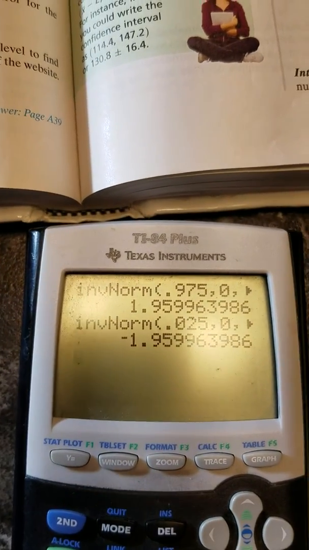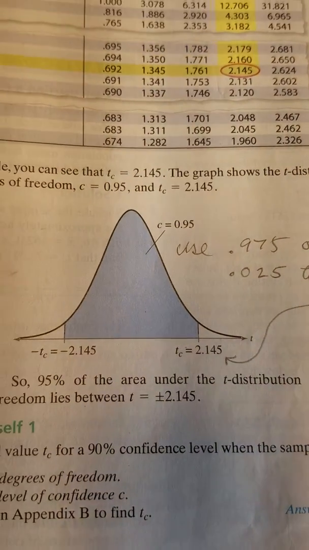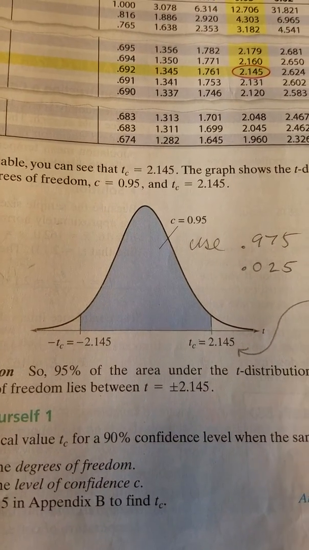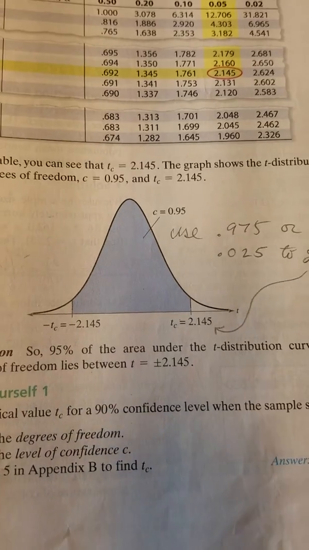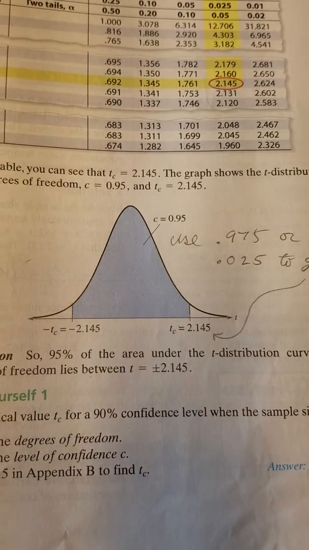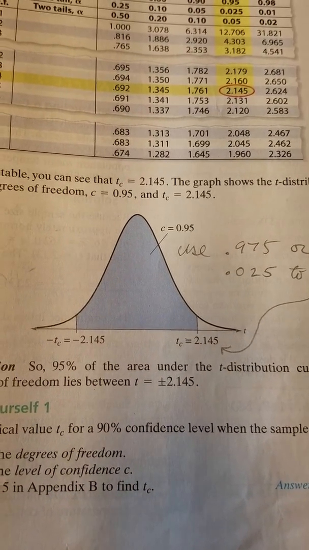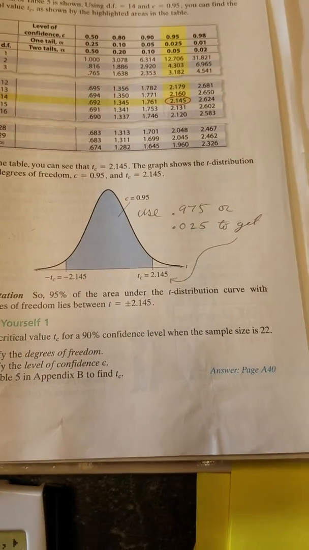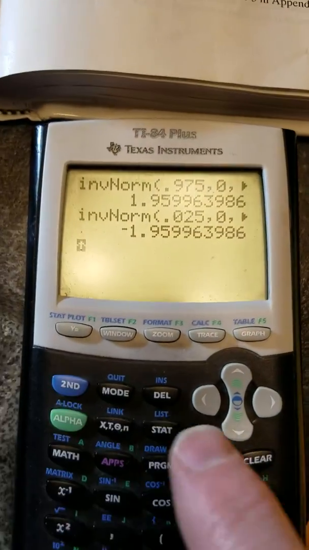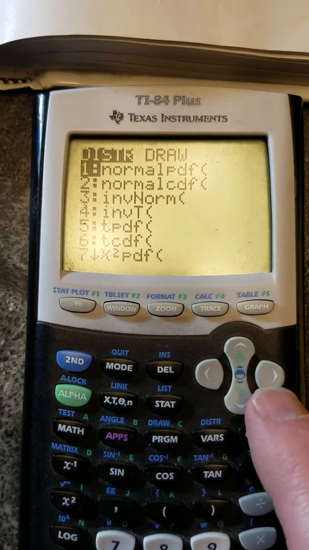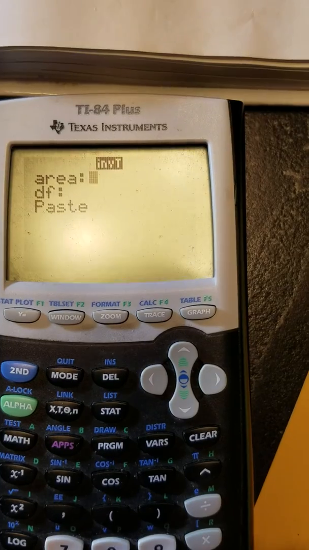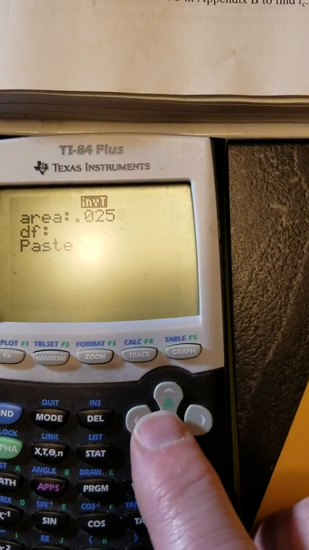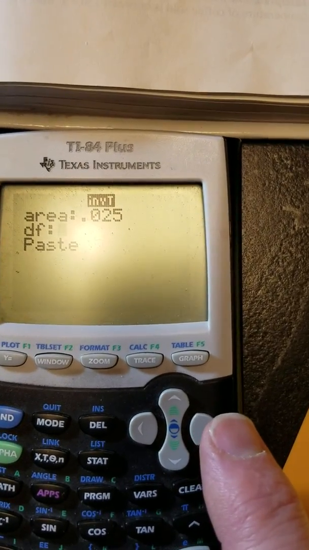Then if you're doing t, so here's one for section 2, you're doing t. Well, now you run into the degrees of freedom thing. It's 95%, right? So let's see what happens here. I'm going to go back to here, but now I'm going to go to number 4, inverse t, and the area, 0.025, ends up being the same on the bottom, but then it's got this degrees of freedom.